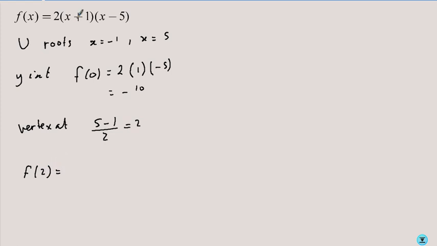Don't expand, just substitute in the brackets. 2 times 2 plus 1 times 2 minus 5. This is 2 times 3 times -3, which is -18. And we are ready to sketch.